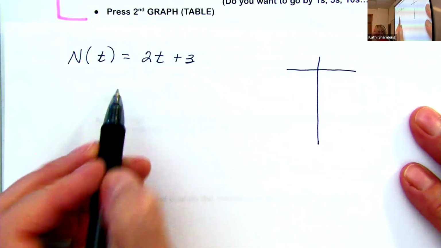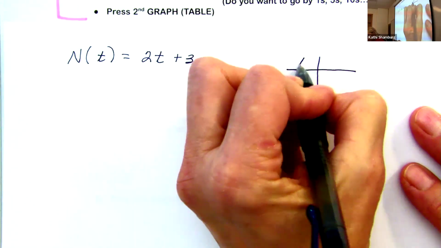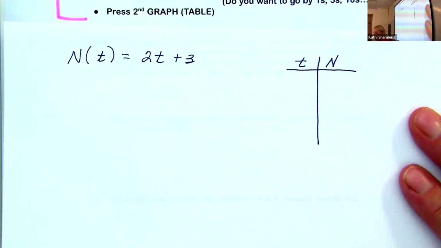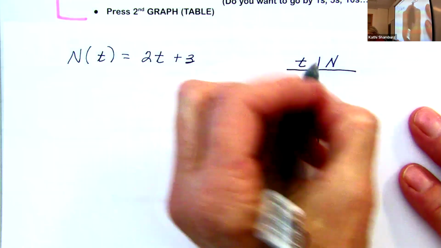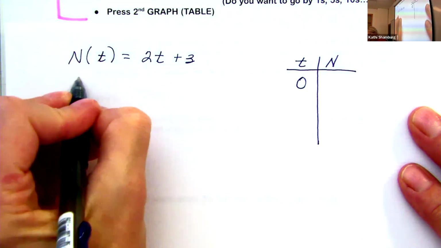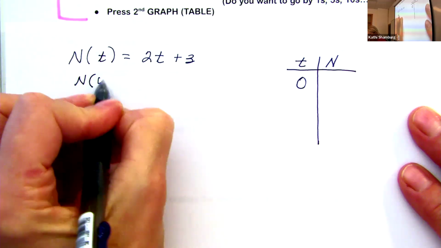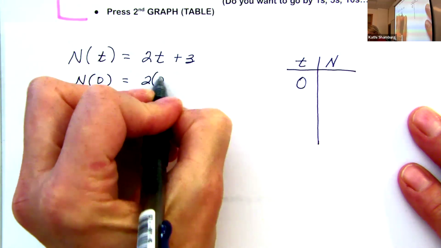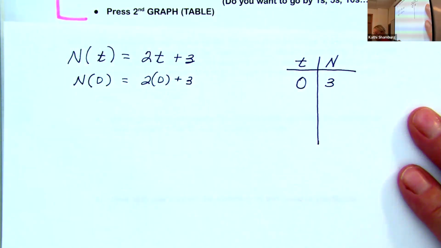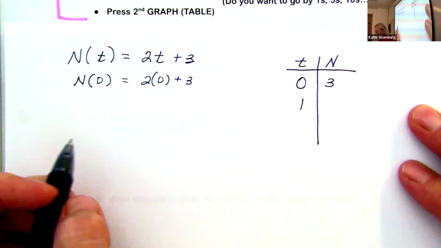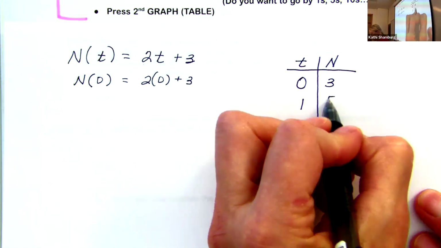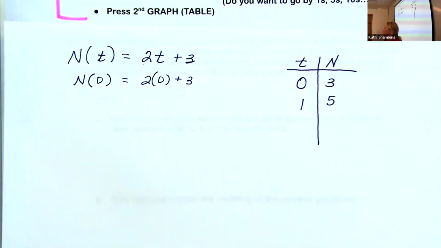What letter is my variable? T. Here's your variable, here's your function. So let's say I let t be 0. If we calculated that, it would be n at 0 equals 2 times 0 plus 3, and my output would be 3. Let's say I put in a 1. 2 times 1 is 2, plus 3 is 5. That's how that all works.